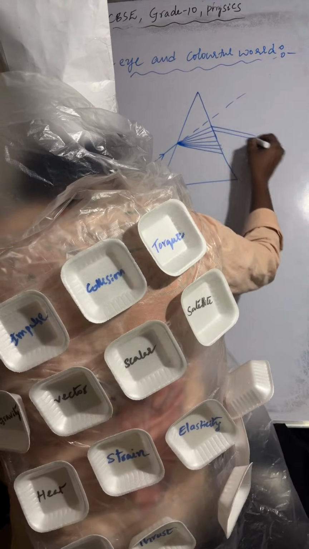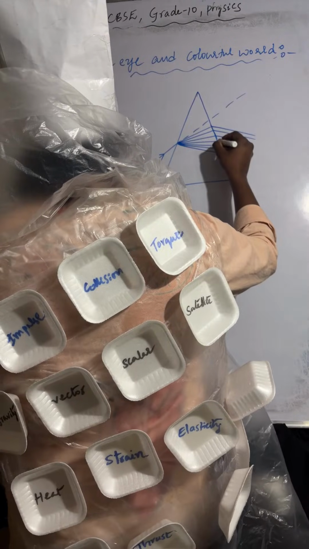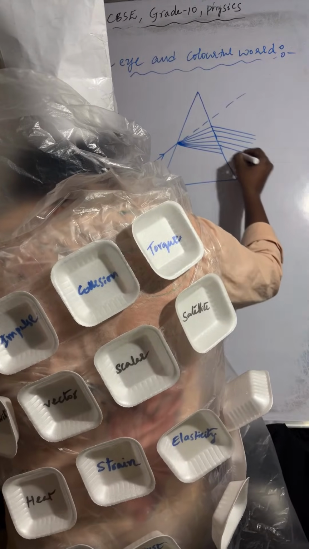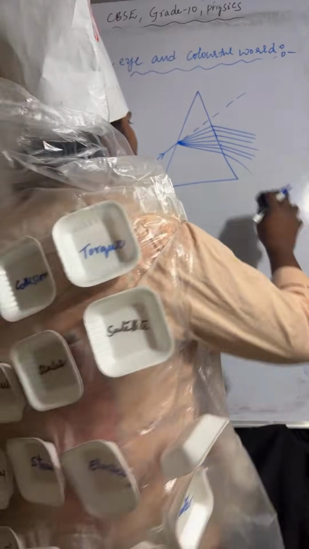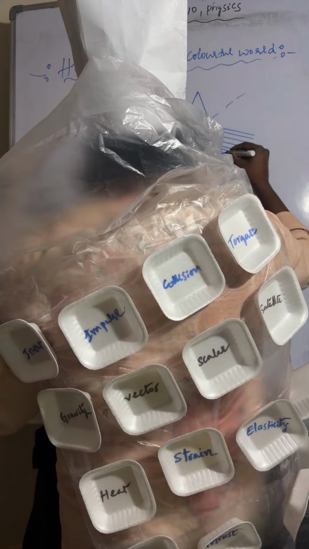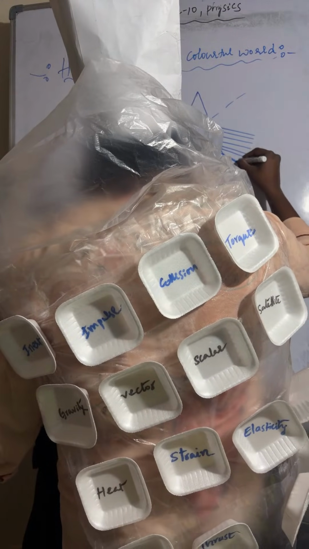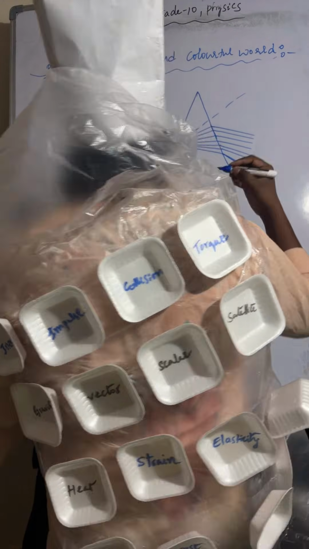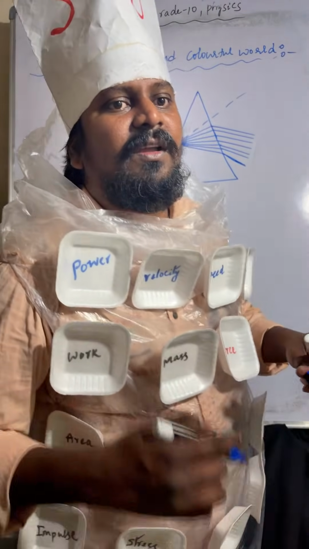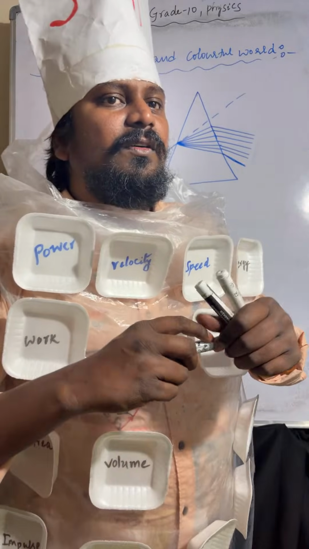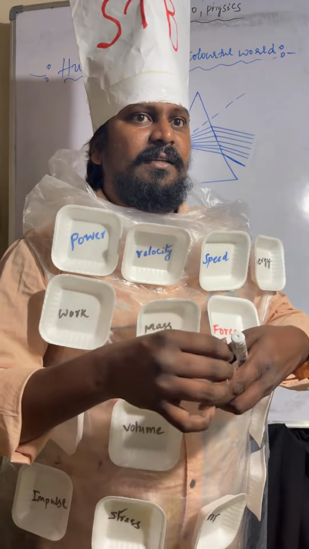Those 7 colors form a band on the screen. That is the spectrum. The colors are violet, indigo, blue, green, yellow, orange, red.